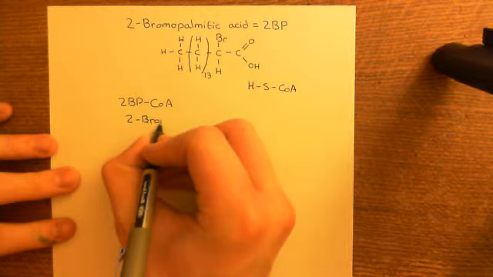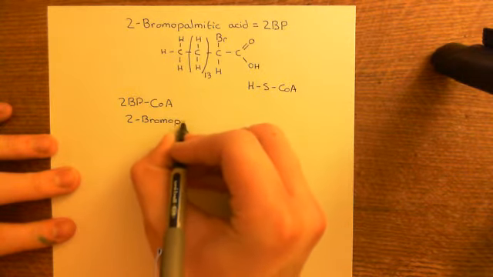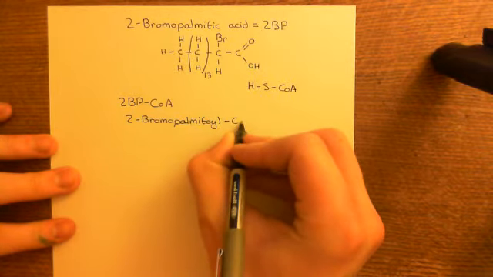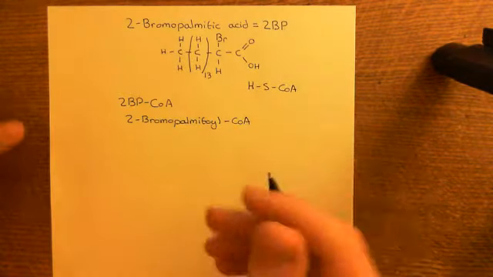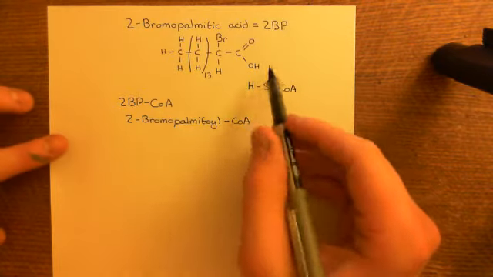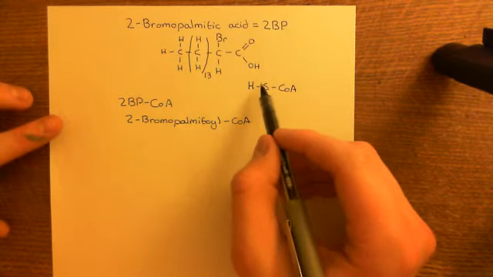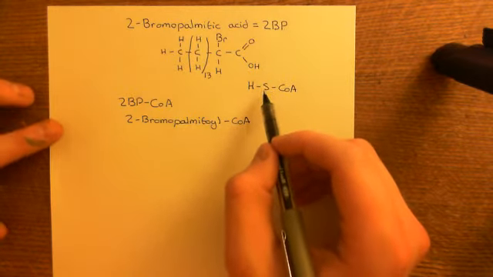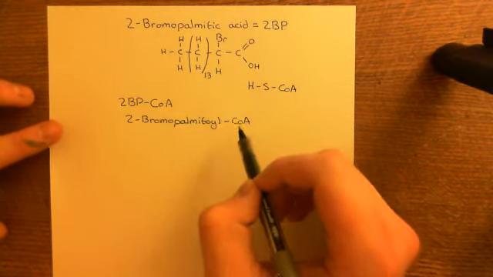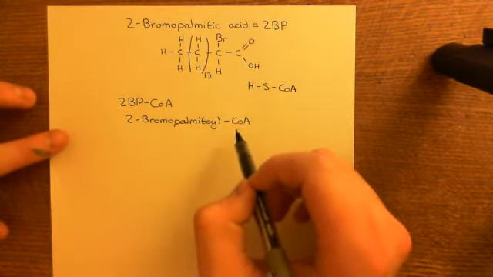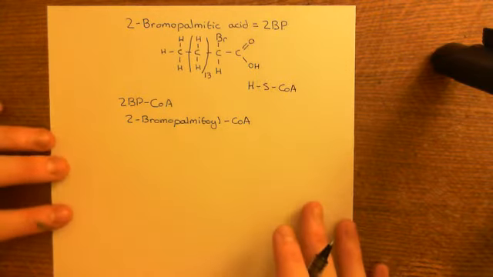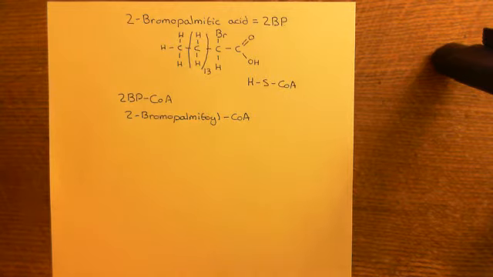The B is for bromo, then the P is for palmitoyl, and then CoA, which obviously is short for coenzyme A. So, when you put it into cells, it will combine with the coenzyme A to form a thioester link in just the same way that the palmitic acid would form a thioester link with the thiol group of coenzyme A, and forms this molecule called 2-bromo-palmitoyl coenzyme A.